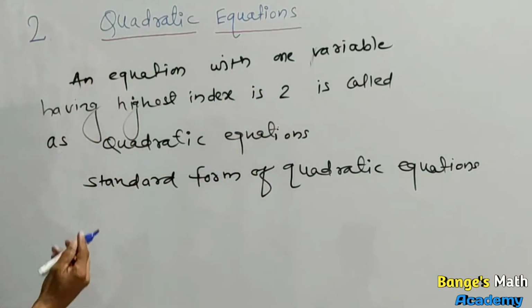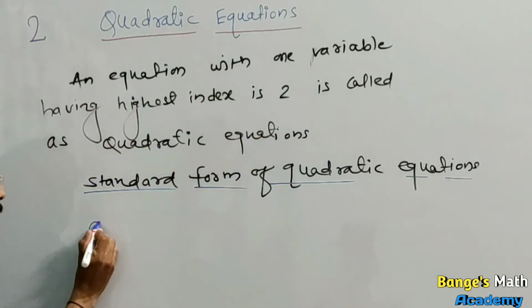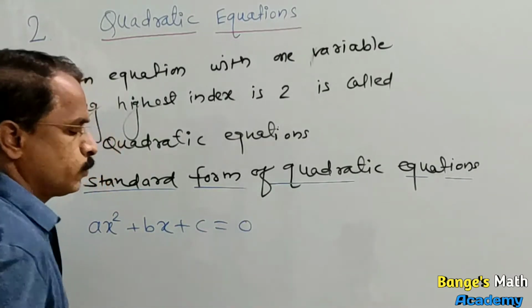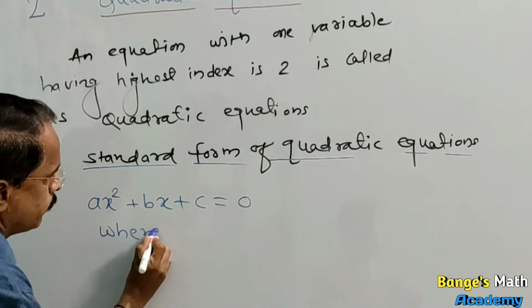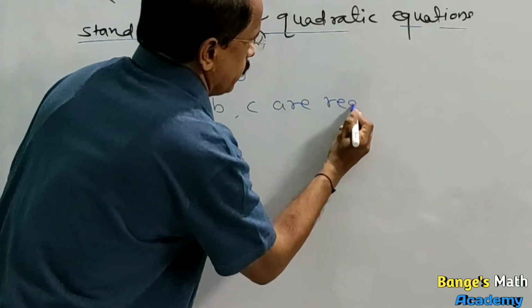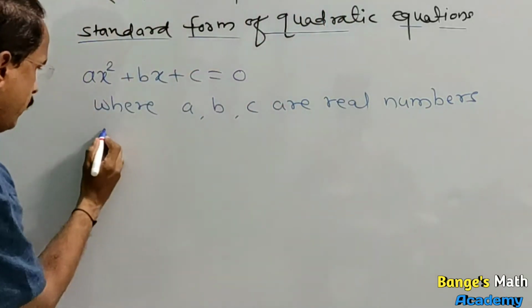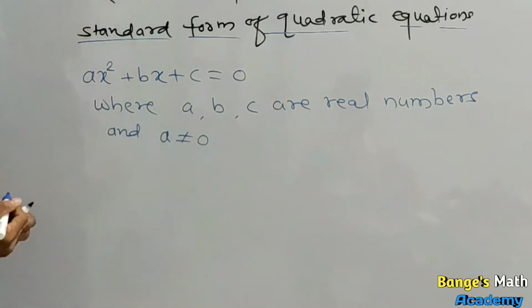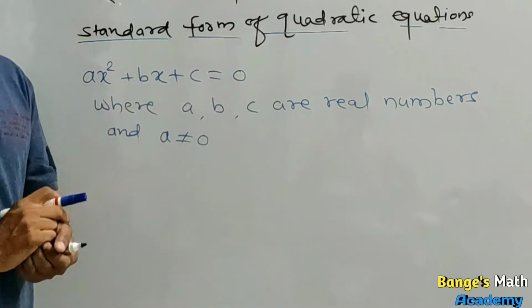Standard form of quadratic equation: ax square plus bx plus c is equal to 0, where a, b and c are real numbers and a is not equal to 0. So ax square plus bx plus c is equal to 0 is the general form.